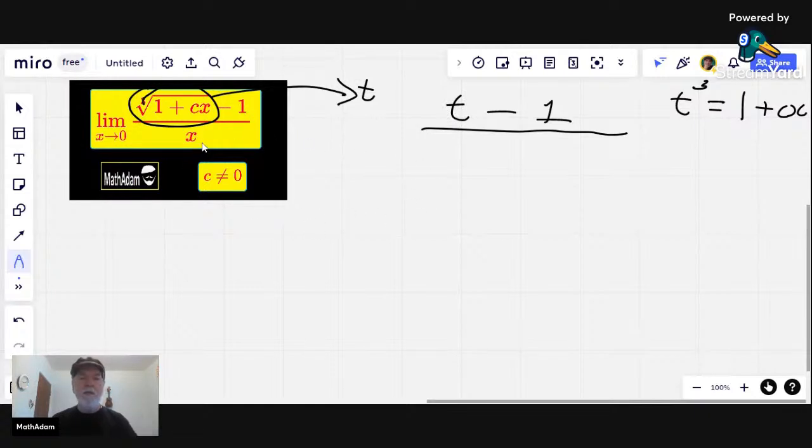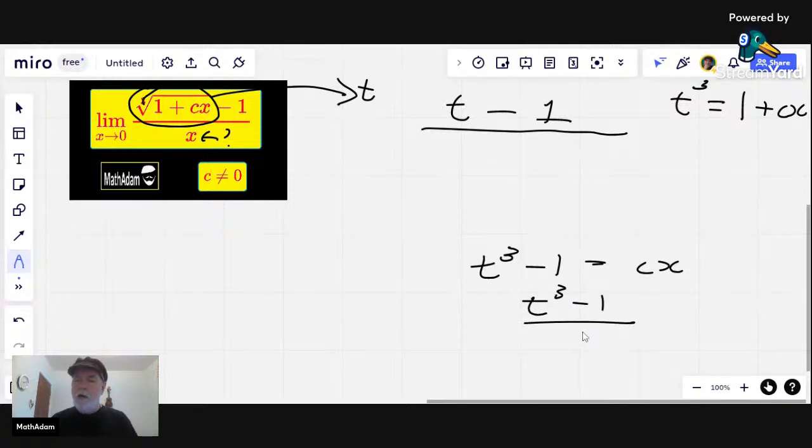But now we've got to define x. Well, if t cubed is 1 plus cx, then t cubed minus 1 equals cx, and so t cubed minus 1 over c equals x.